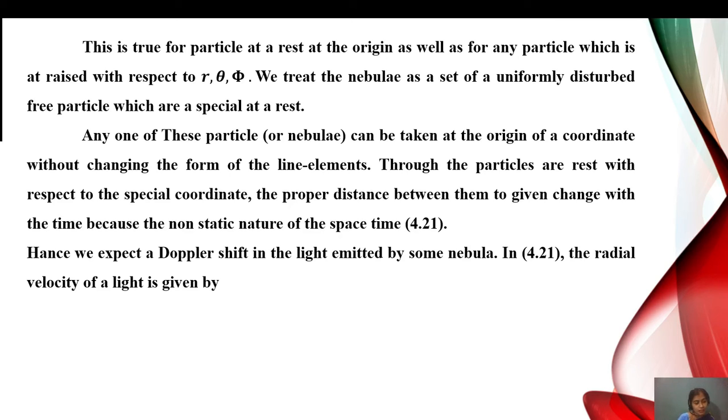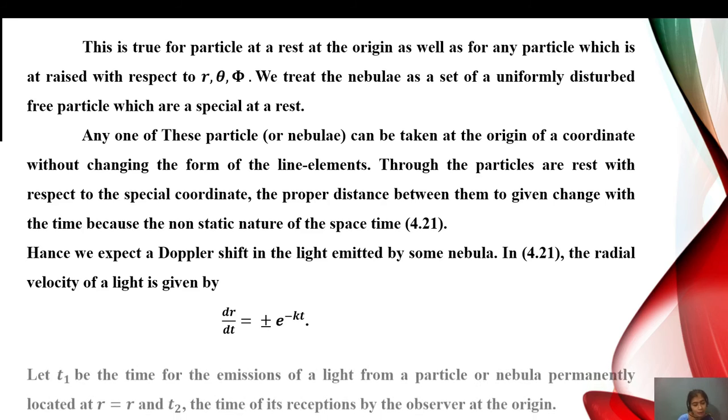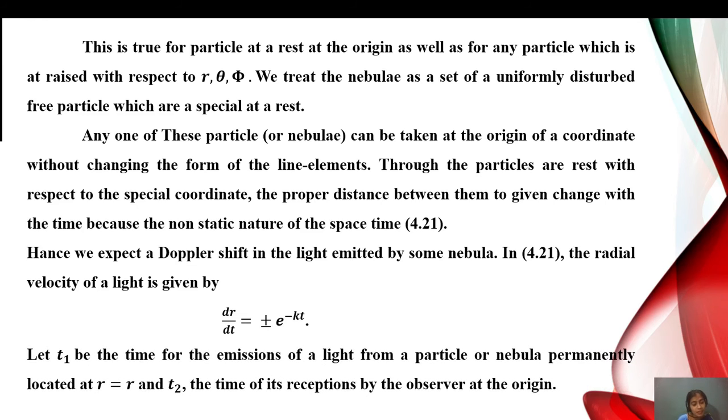The radial velocity of light is given by dr upon dt equals plus or minus e to the power minus kt. Let t1 be the time of emission of light from the particle or nebula permanently located at r equals r, and t2 the time of its reception by the observer.